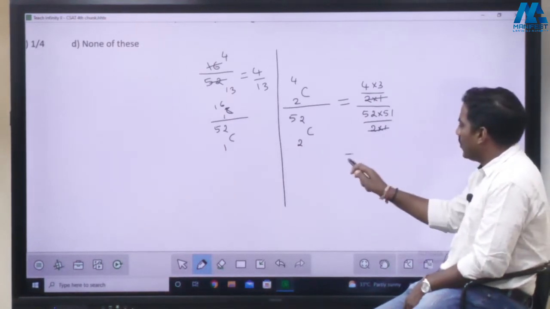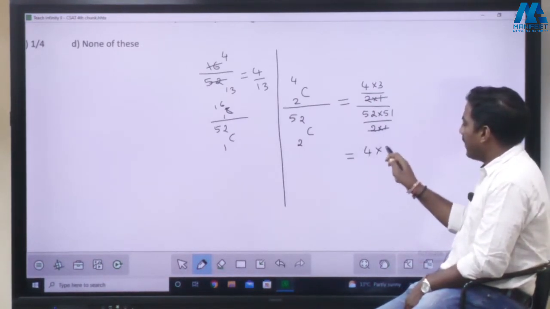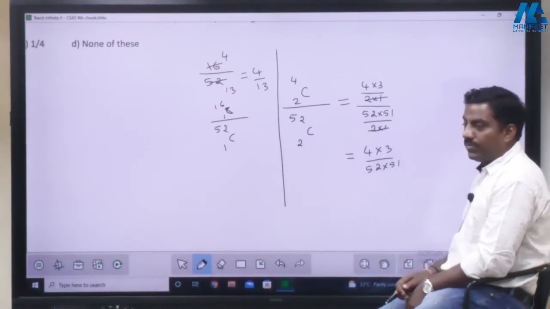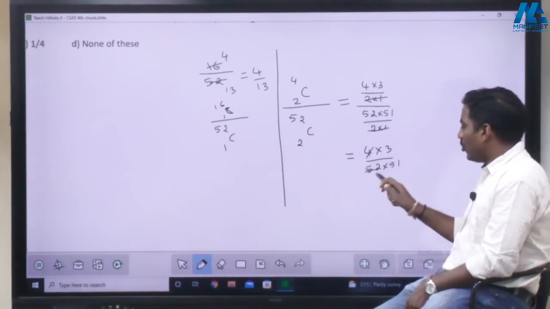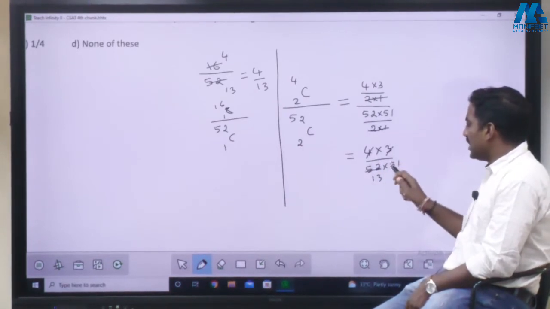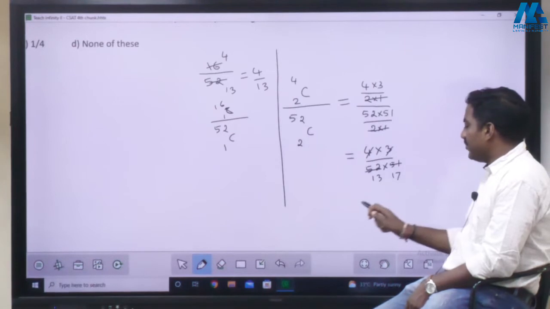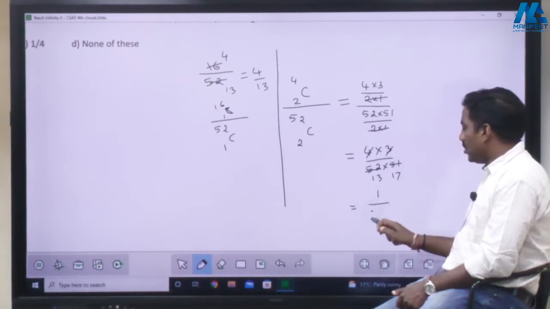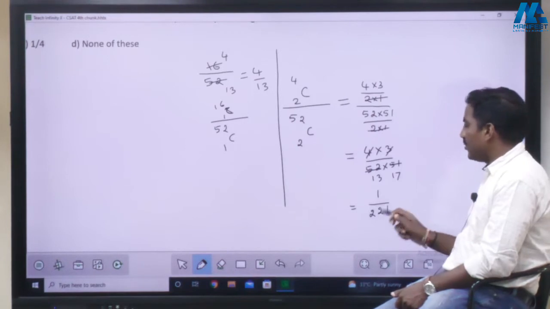So what you can do? 4 into 3 divided by 52 into 51. 4 ones are 4, 13s are 52, 3 ones are 3, 17s are 51. So this is 1 divided by 221.